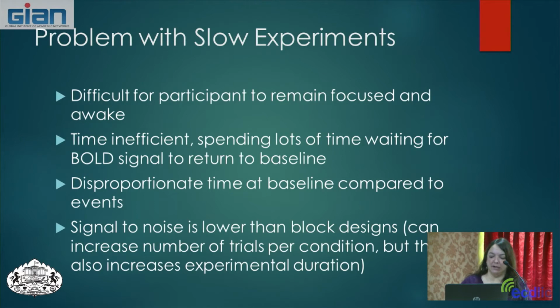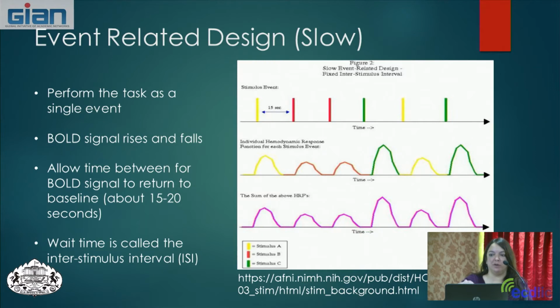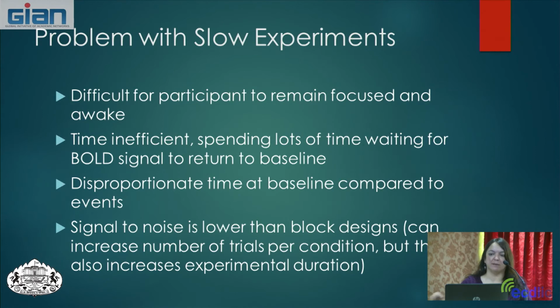The time that we wait between these stimuli is called the interstimulus interval. Okay, so this is shown in a slow experiment. It's a slow experiment because each time we're having the person look at the face, we're waiting for the BOLD signal to go back down again before we show them another face. The problem with these types of experiments is that they're very slow.